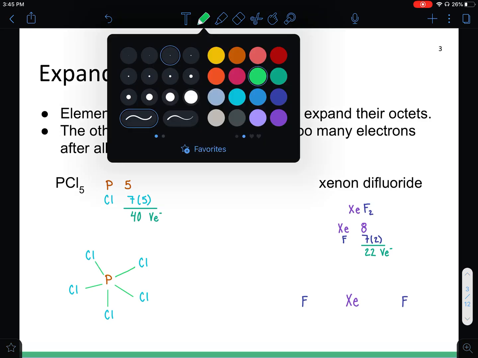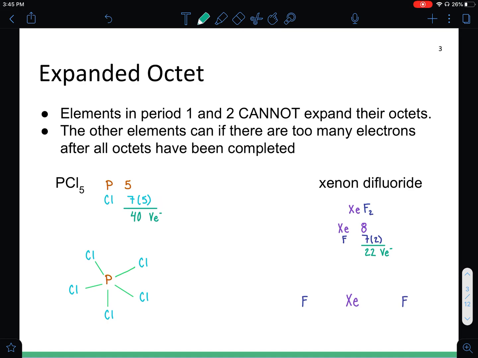And we can already see how phosphorus has exceeded its octet. We wouldn't be able to form a bond with all these chlorines unless phosphorus expanded its octet. We can double check by looking at the periodic table to make sure phosphorus can do this. It's in period number 3. Therefore, since it's not in 1 or 2, phosphorus does have the ability to expand its octet.